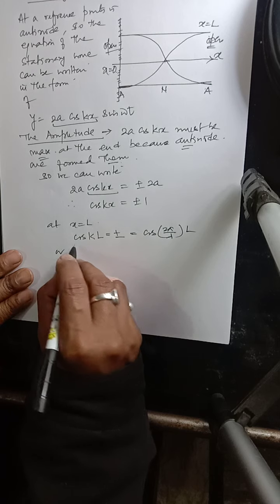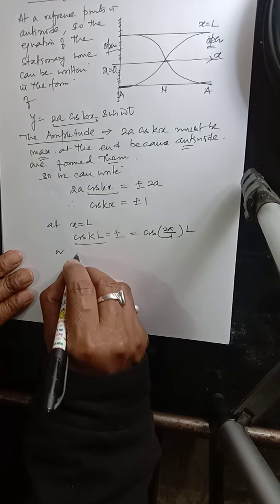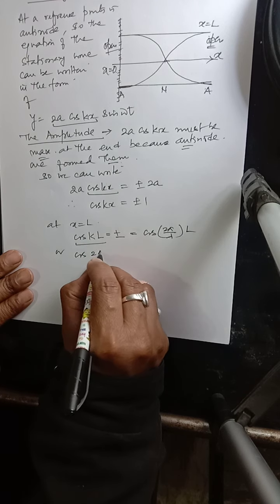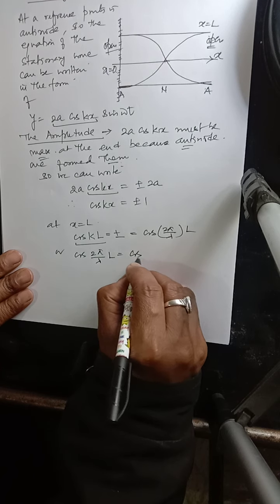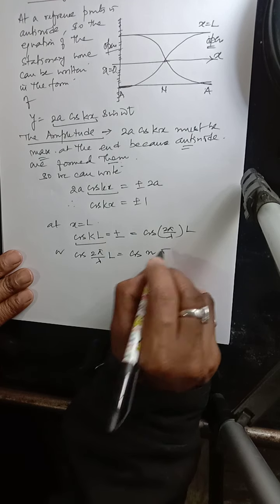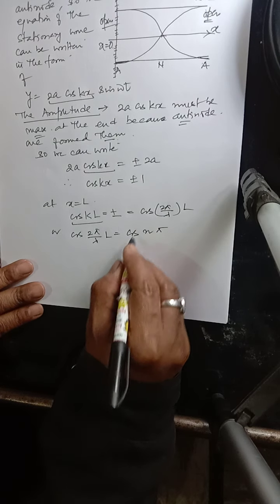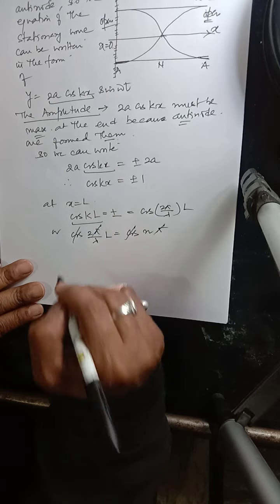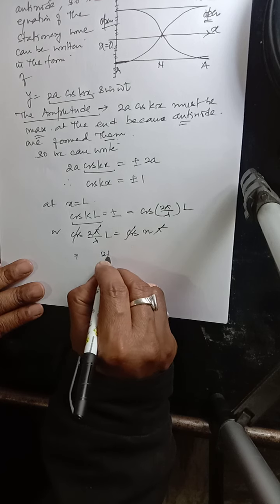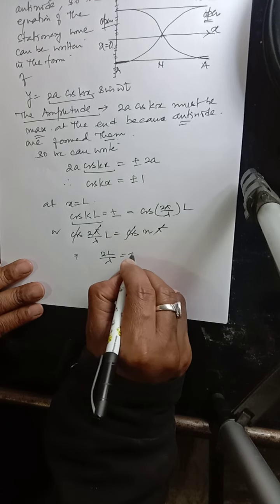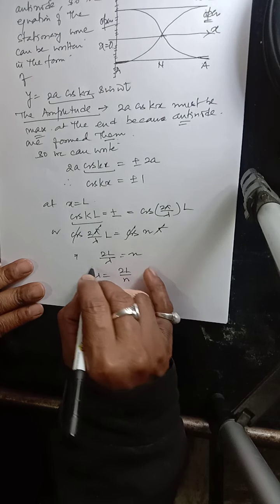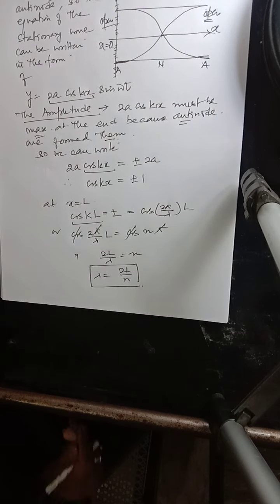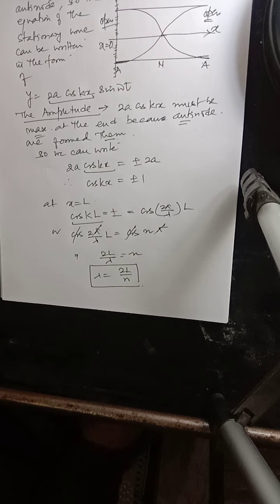Or we can write that cos of 2 pi by lambda times L is equal to cos of n pi. Cancelling out, it becomes 2L upon lambda is equal to n. Lambda is equal to 2L by n, this is the value of lambda.